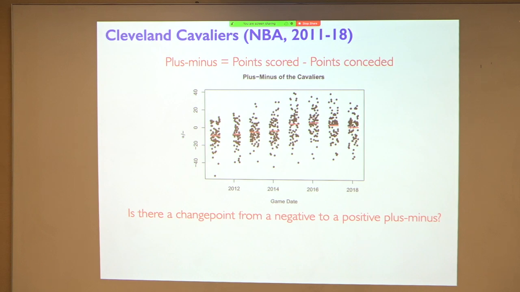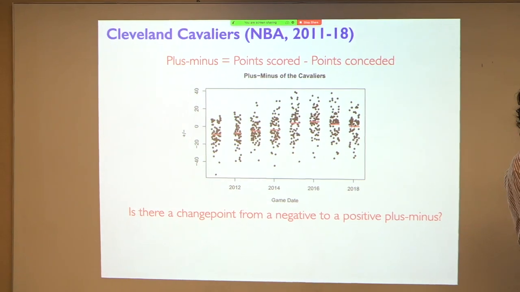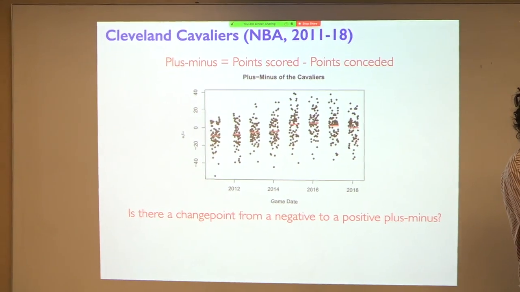We don't make any assumptions about the variance or the distribution. We're only trying to detect a change in the mean. The mean shifts in every season, but it has shifted across the 0 mark in this 2014 to 2015 season. It doesn't look like the variance has really changed much, but that fact is irrelevant.